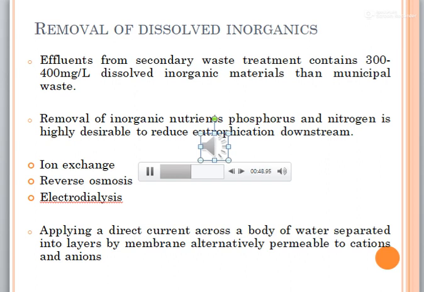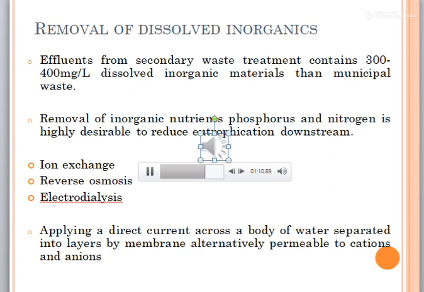One of the most common methods for removing inorganic material from water is distillation. However, the energy required for distillation is quite high, so distillation is not economically feasible. Volatile materials such as ammonia and odorous compounds are removed to a large extent in the distillation process.